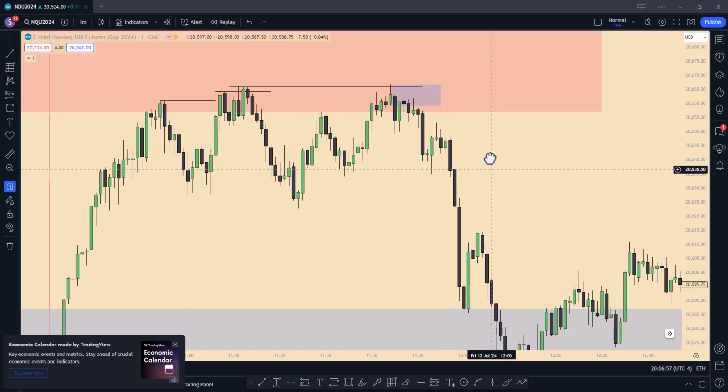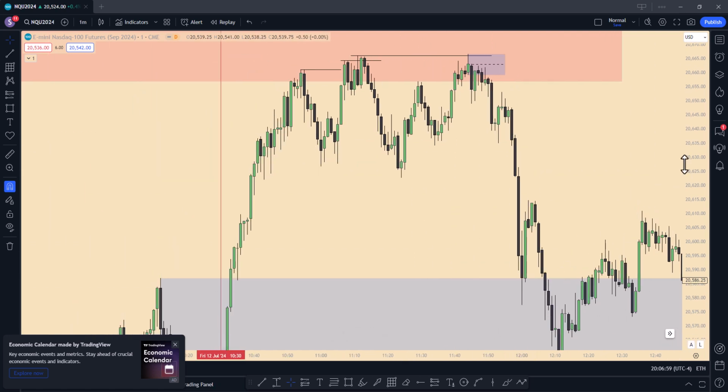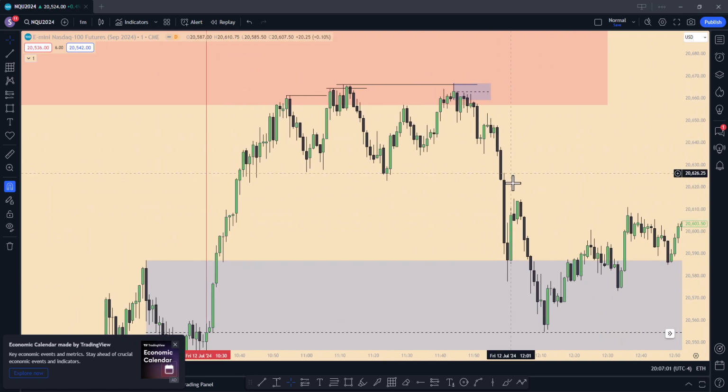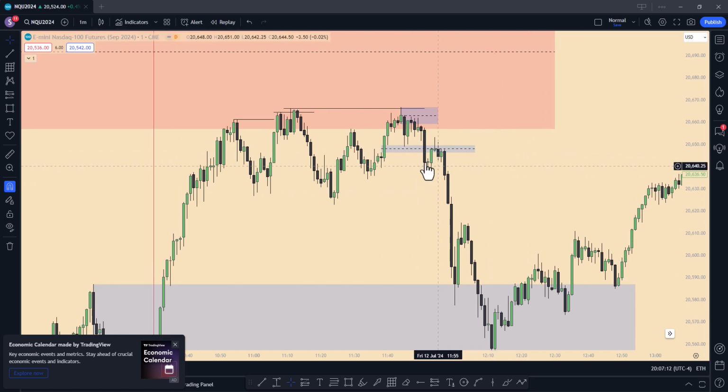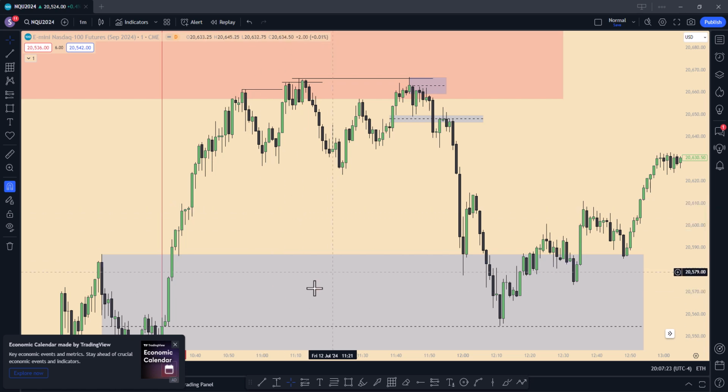And a lot of traders on Twitter, a lot of ICT traders caught this whole move to the downside, and I believe they caught it with this. Yeah, so once they saw that this fair value gap price closed below it, returned back into it, they saw these rejections, they took their entry from here, stop loss here, and targeted something on the downside.